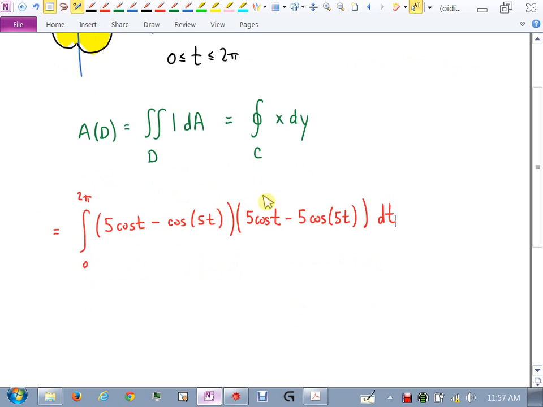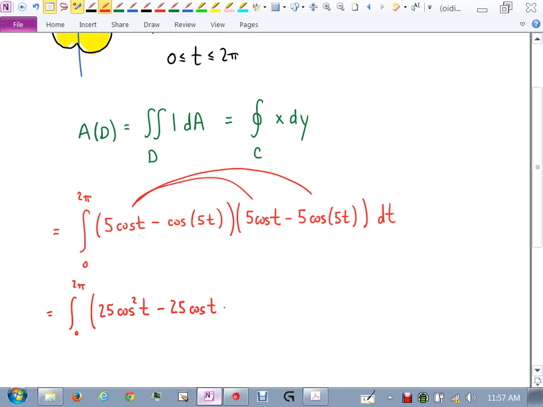And now I'm going to actually just multiply this all out. 0, 2 pi. Let's see. 25 cosine squared t. And then what do we have here? That's this and this. Now here to here. Negative 25 cosine t cosine 5t. What about the middle one?